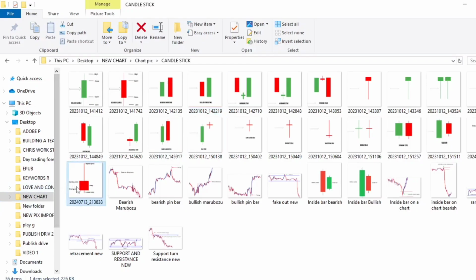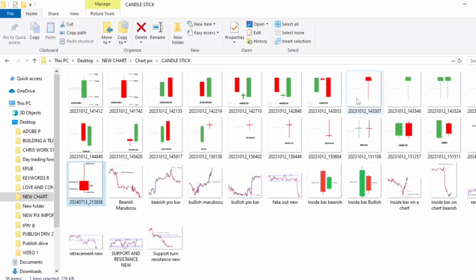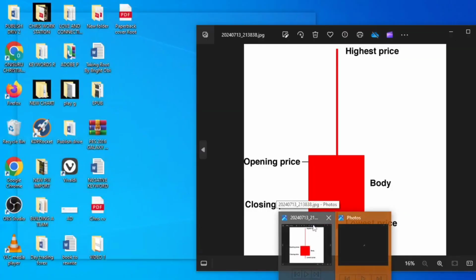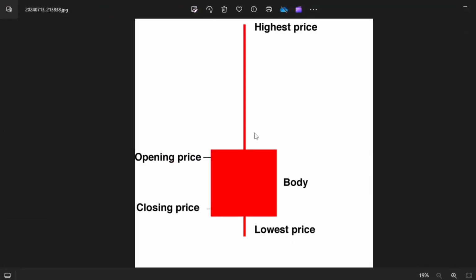Now, look at this candlestick. This is a different kind of candlestick. If you check, the same principle is applied here.